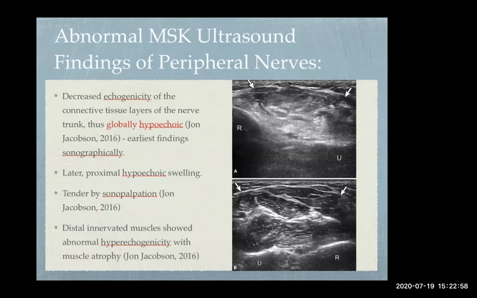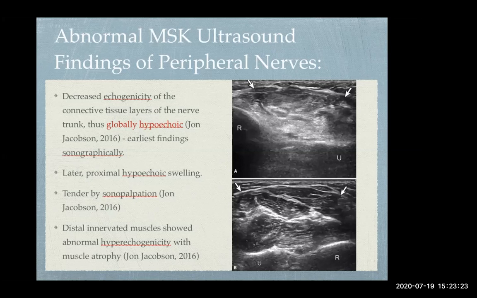So if you see a nerve that is just swollen with a decreased echogenicity compared with the rest, then that means that it's a very early sign of a defect or a problem or a degeneration of the nerve. So you can almost say that the nerve is just starting to have some findings pathologically.